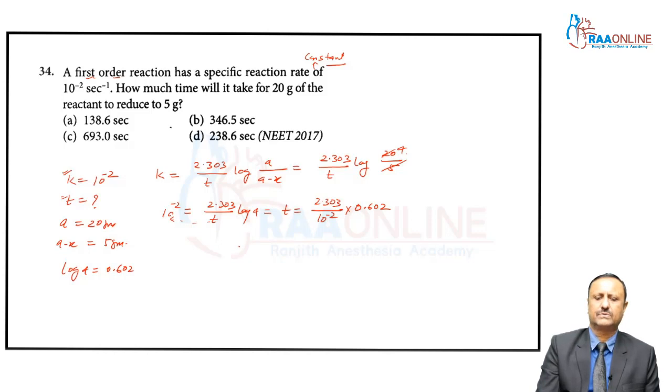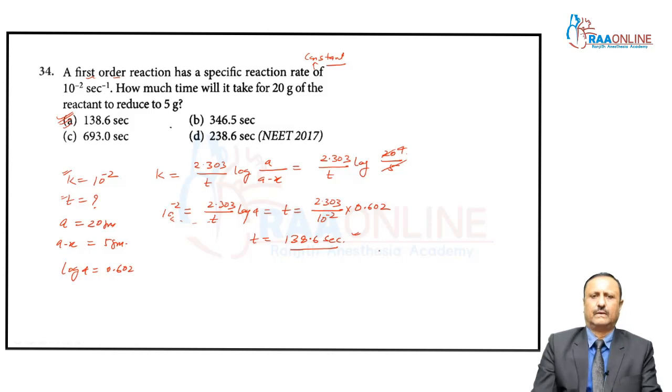And when you solve this question, you get the answer, that is T is equal to 138.6 seconds. You solve the 10 to the power minus 2, multiply, the 3 and 3 cancel with each other, and you get this answer 138.6. And now we go to answer A, option A, for question number 34.